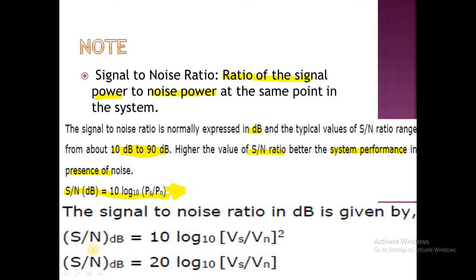That is, signal to noise ratio in dB is equal to 10 log10 (Vs by Vn) whole squared, and so signal to noise ratio in dB is equal to 20 log10 Vs by Vn. Okay, these are the formulas regarding the signal to noise ratio. What is signal to noise ratio? Ratio of signal power to the noise power.